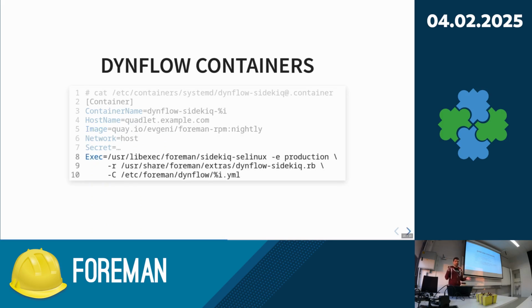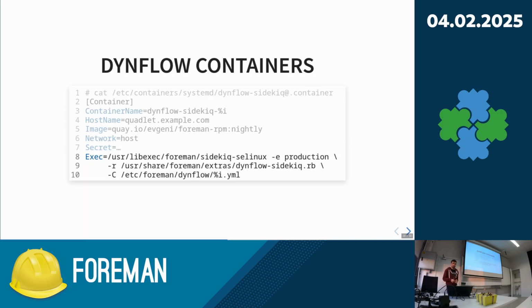And the only real difference is we have an exec definition, which overrides the one from the normal Foreman container, because here we need to call sidekick, which then boots Dynflow with the configuration, and that then is the Rails app, etc. I never understand that thing, but it works. But yeah, it's different code, just different entry points into it.